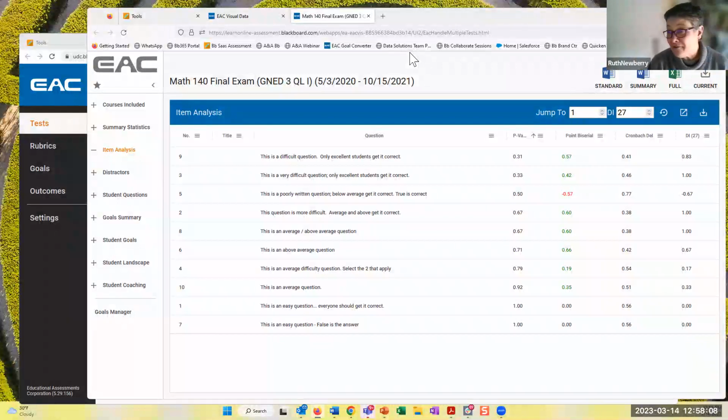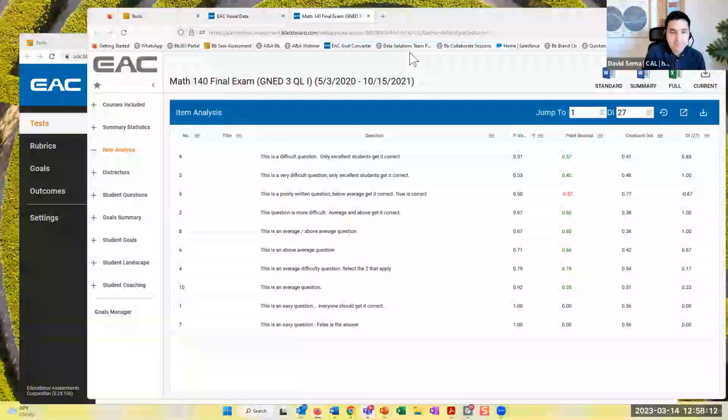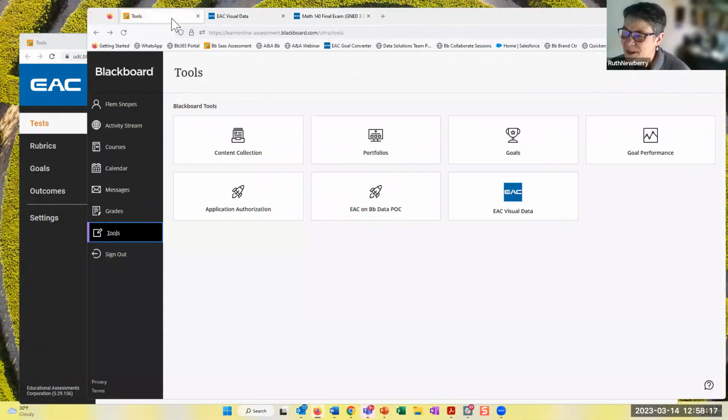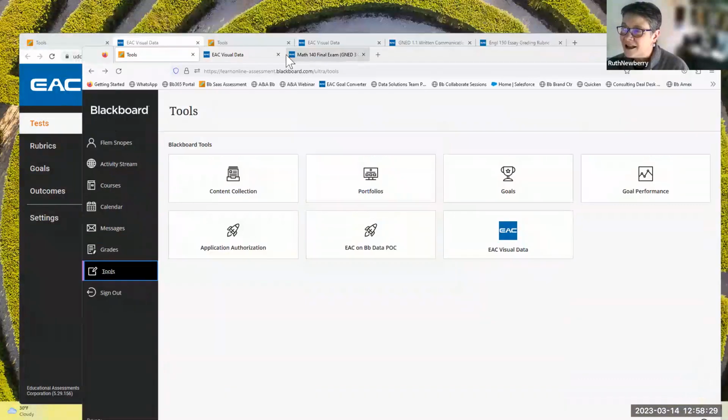So I think one, of course, is always, how do I just get to the tool? That's always the first one that comes up. So in your system, it's always going to be in tools, and it's always going to be in this icon. So that's number one. Second is, it's all contextual. And the first key of that context is, did you do a good validity check?